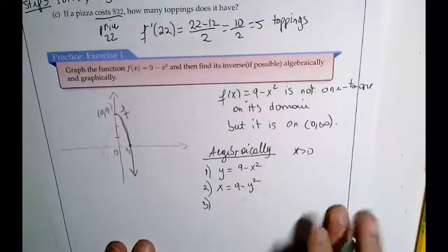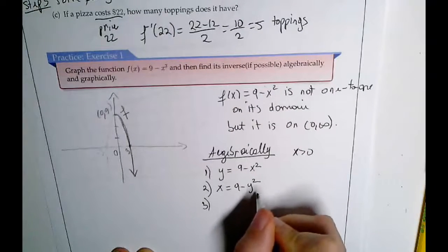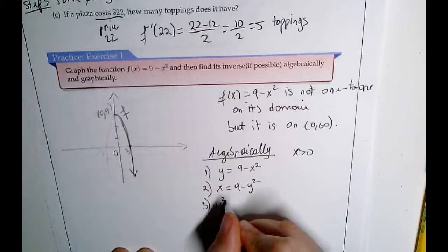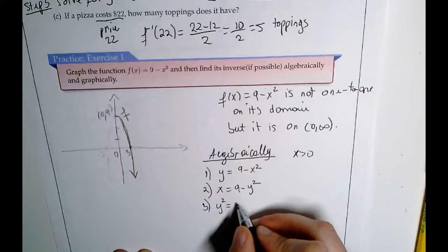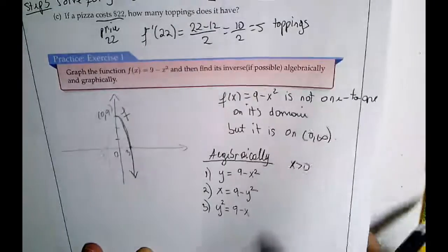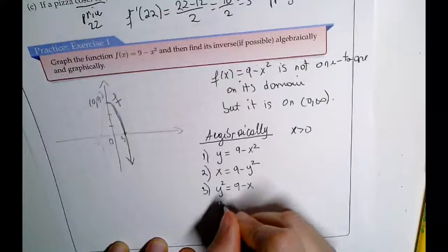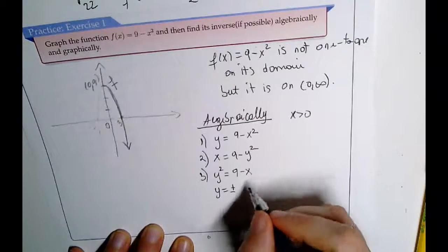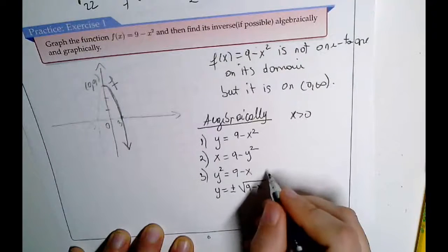Step 3 is solve for y, so y squared equals 9 minus x. I just rearranged to solve for y, and then I'm going to take the square root of both sides, and don't forget my plus or minus. So plus or minus the square root of 9 minus x.